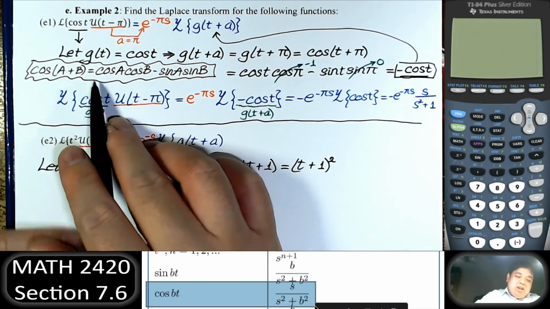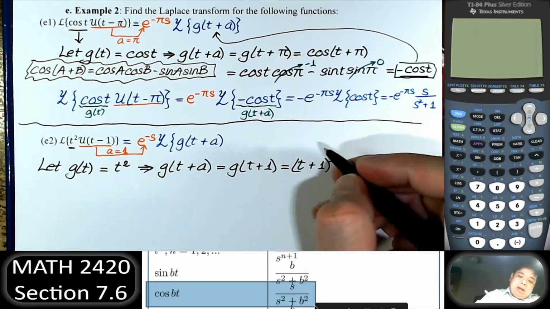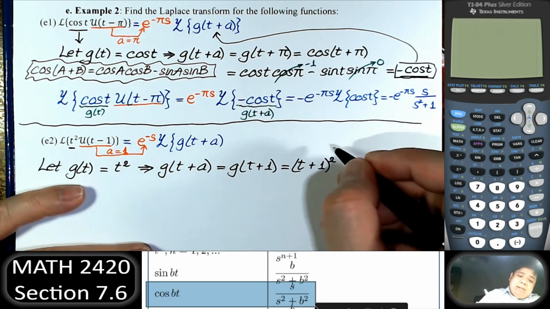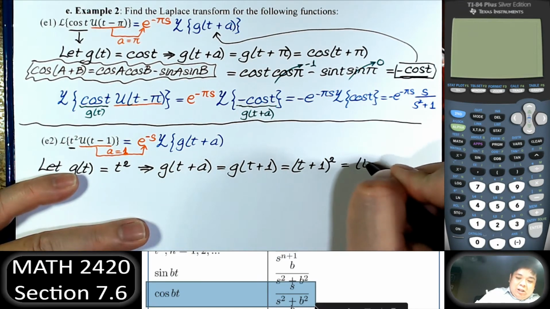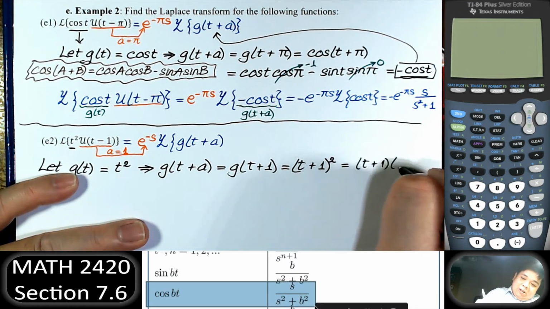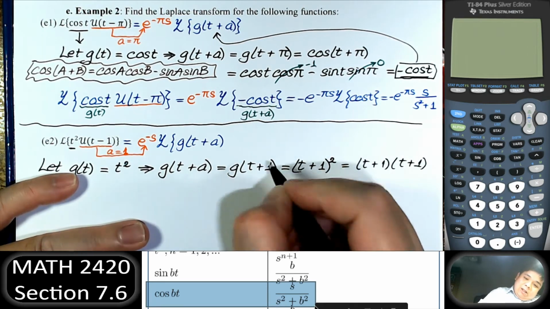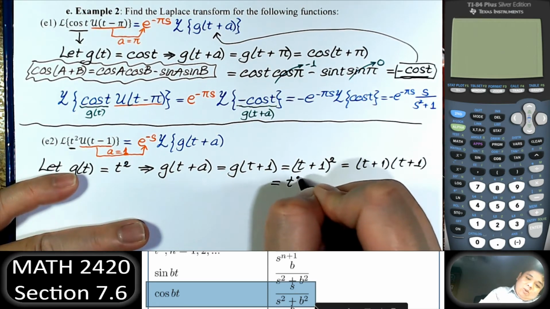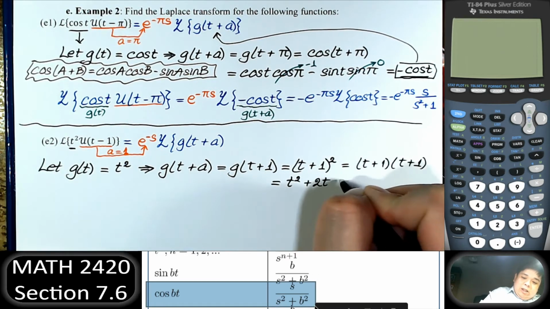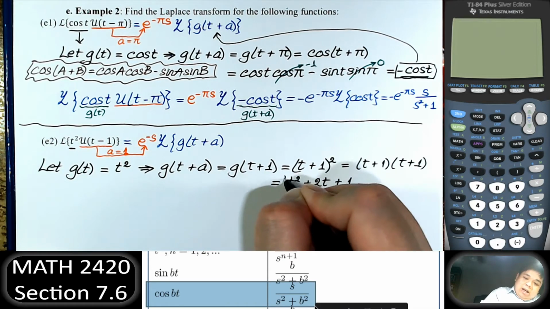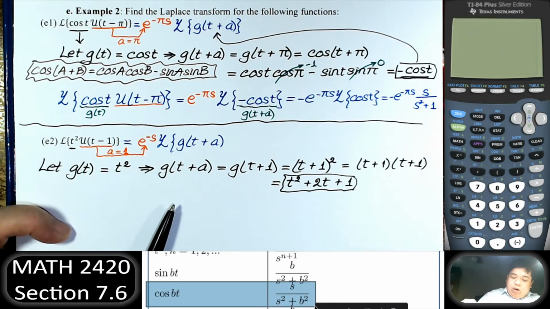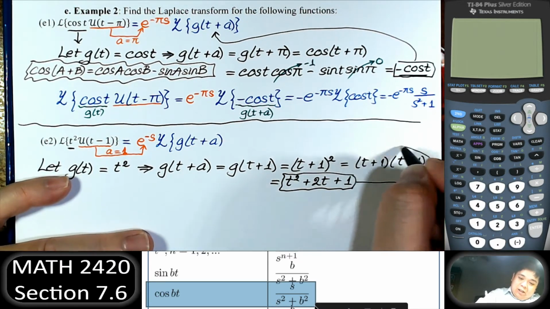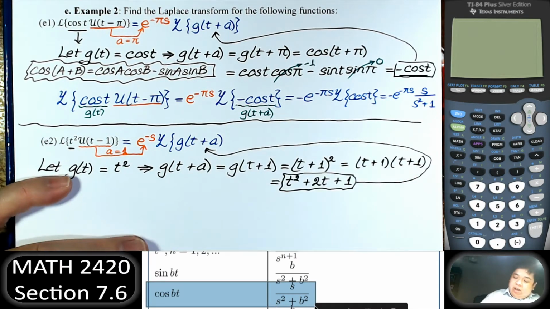Right, so that's easy, just multiply now. We don't need a trig identity here. Let's just write out t plus 1 times t plus 1. That gives us t squared plus 2t plus 1. So that is, and we're going to substitute that into g of t plus a.